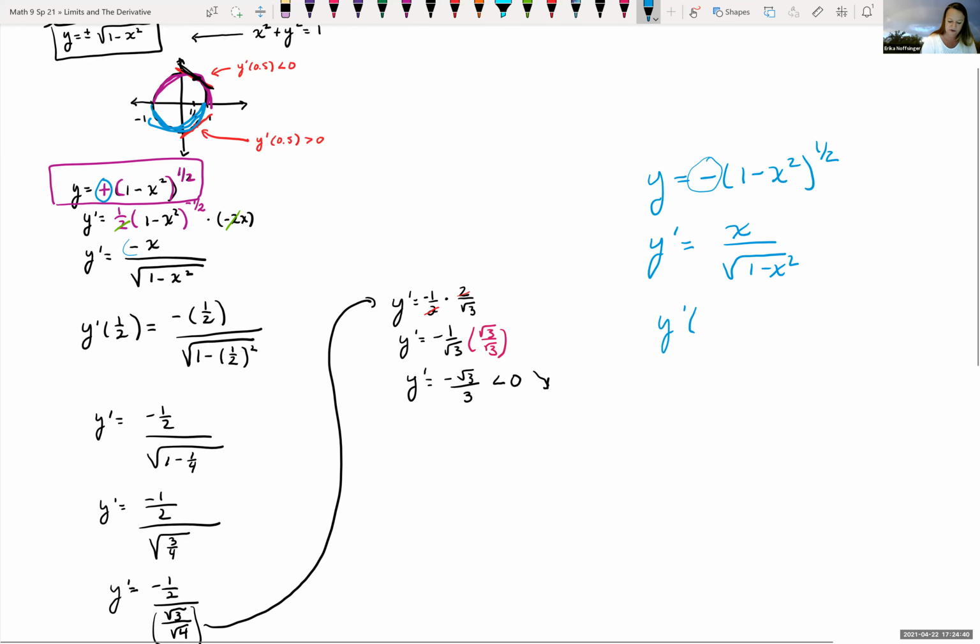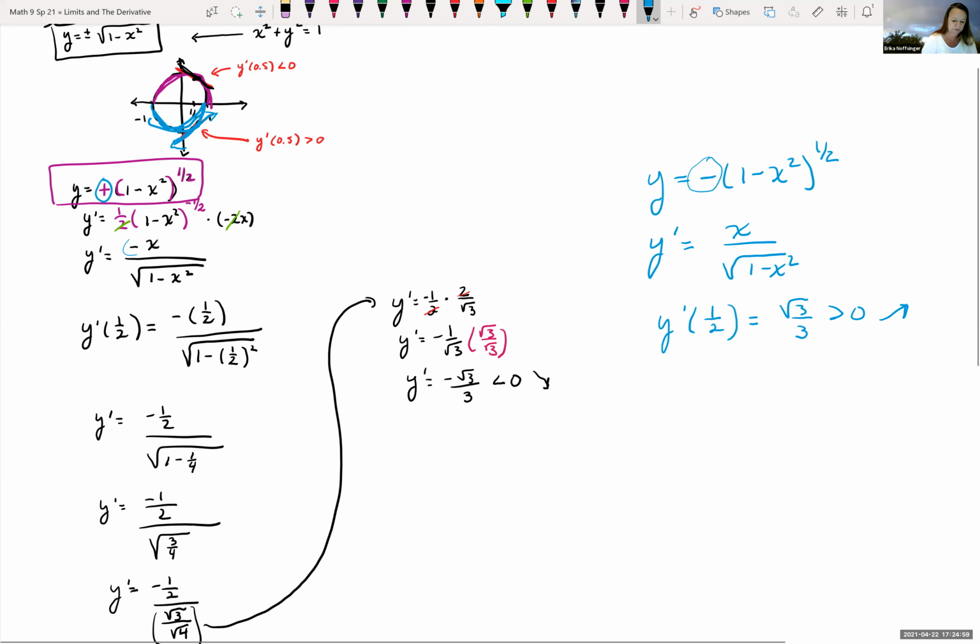When we plugged in positive 1/2 wherever we see an x, we'll get the same thing that we got for the derivative over here, but it's just going to be positive root 3 over 3, which is greater than 0. We know our function is increasing there.